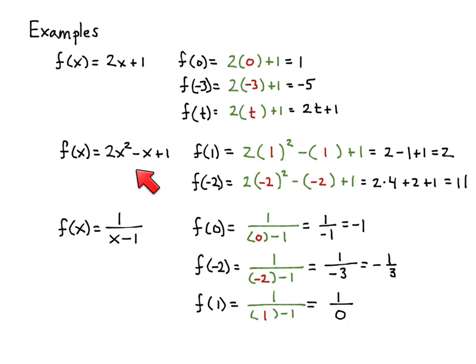With a polynomial, I can put in any number, big or small, negative or positive. Nothing happens to it. I just get a number, so I say the domain here is all real numbers. But here, there's one particular value that doesn't work, so I have to exclude that from the domain. And so it's undefined, and we say that 1 is not in the domain.